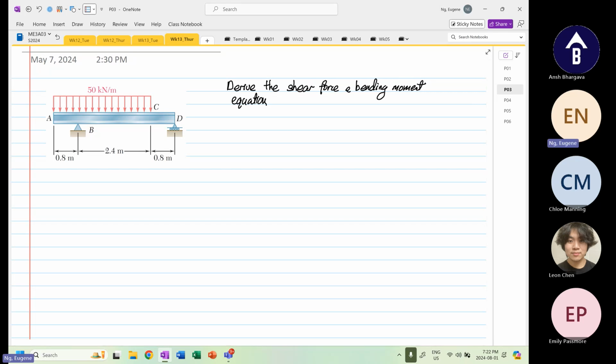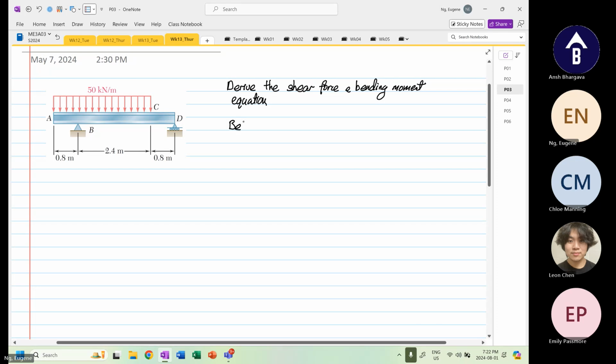So the first one we're going to do is between point A to point B. Okay, so i.e. the limits of this function is 0 to x to 0.8 meters.